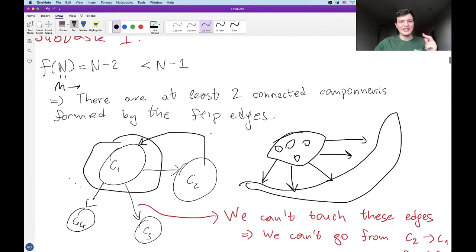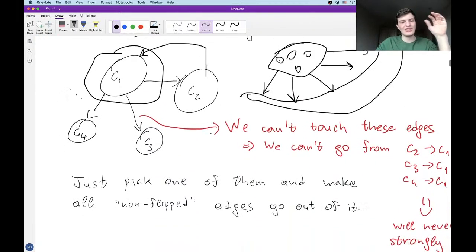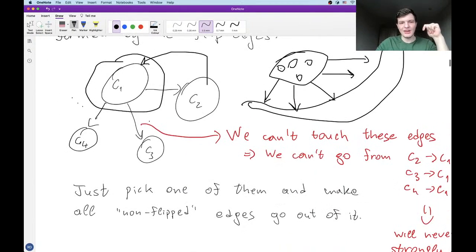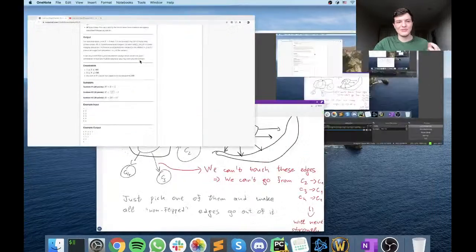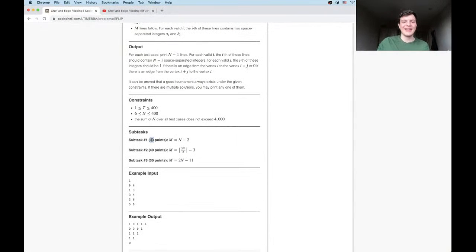You know that we have at least 2 connected components, and you just choose a random connected component, and in the tournament graph, create all of the edges that go out of it to be directed out of it. For every pair of vertices that has at least one of their endpoints in C1, make the edge from C1 to the other vertex. And you can just print that, and this will give you the solution to the first subtask, which is 40 points. And that's very simple and trivial.